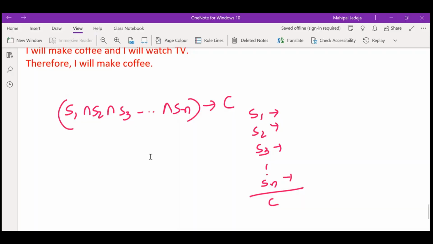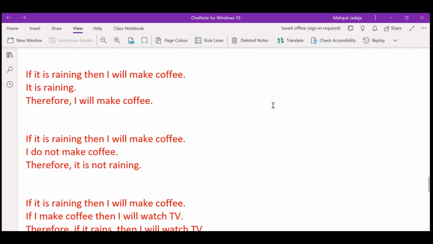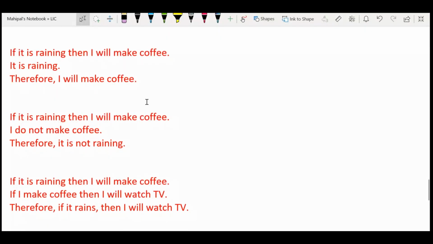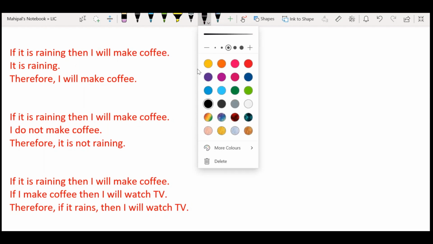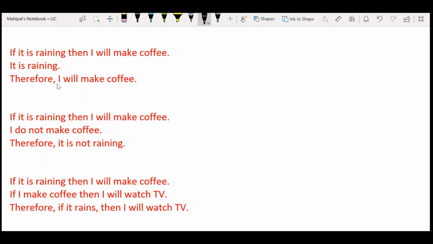So what are we going to do? We are going to consider several examples, and for each example, I have tried to follow a particular template. What is the template? Some set of statements is given to us, and then from this set of statements, one conclusion is written. For example, here this is my statement 1, this is my statement 2, and finally I am concluding this.